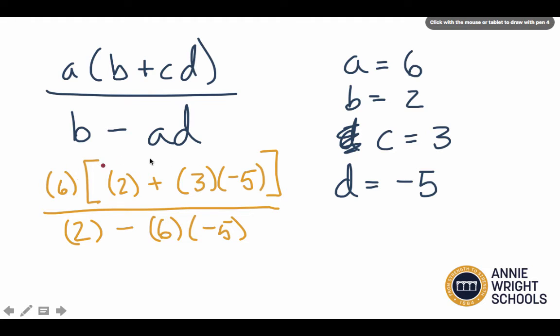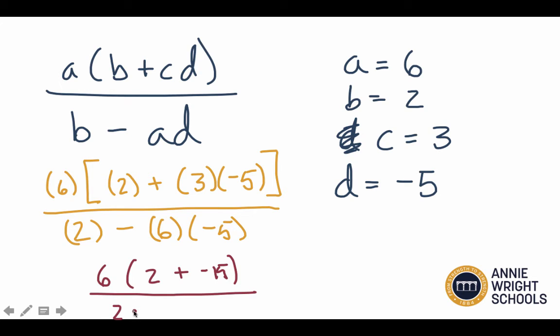You could distribute this 6 if you wanted, but I'm not going to. I'm going to leave it as 6 times 2 plus negative 15, that whole mess divided by 2 minus negative 30. 6 times negative 5 is negative 30. 2 minus negative 30. Now I can go ahead and simplify the bottom independently to 32, and now I'm working on the top, and I get 6 times negative 13.